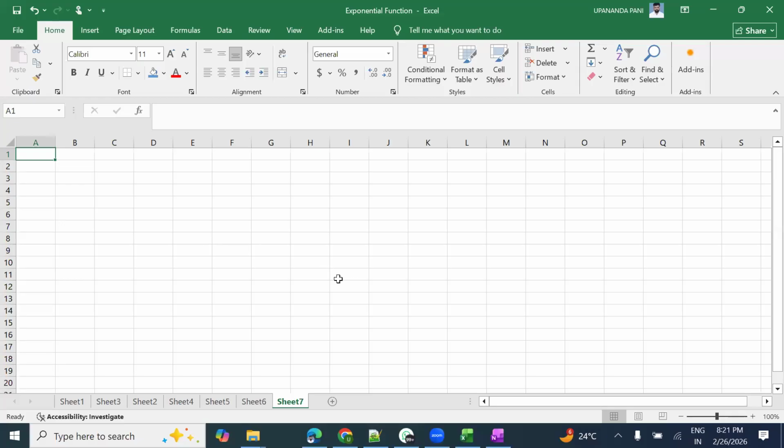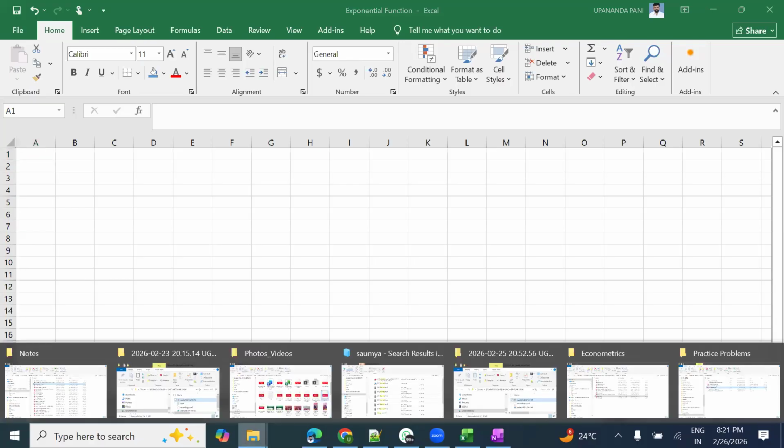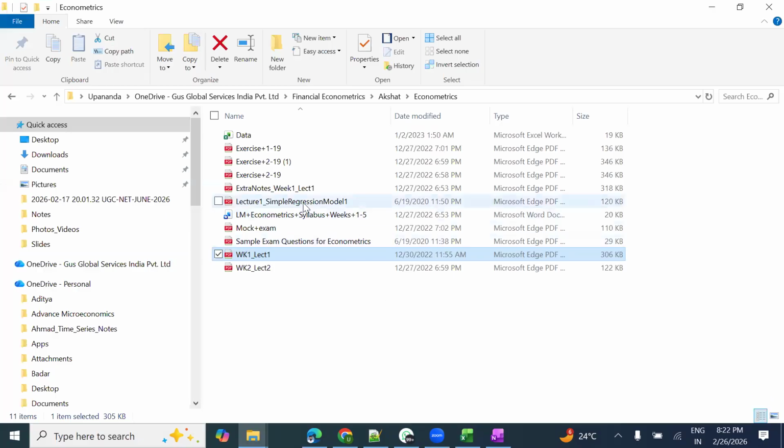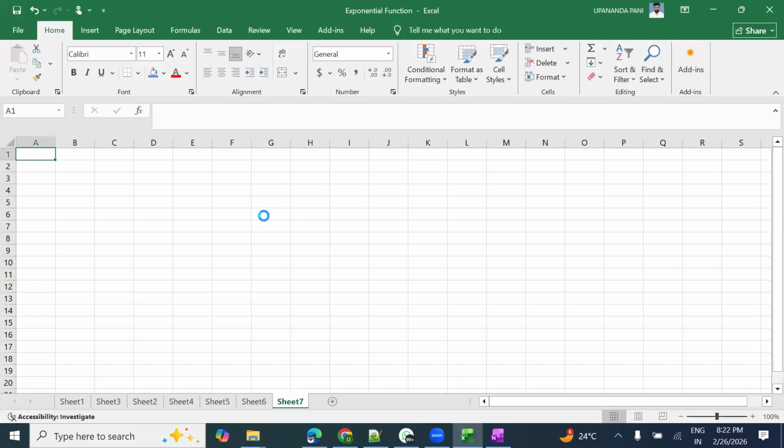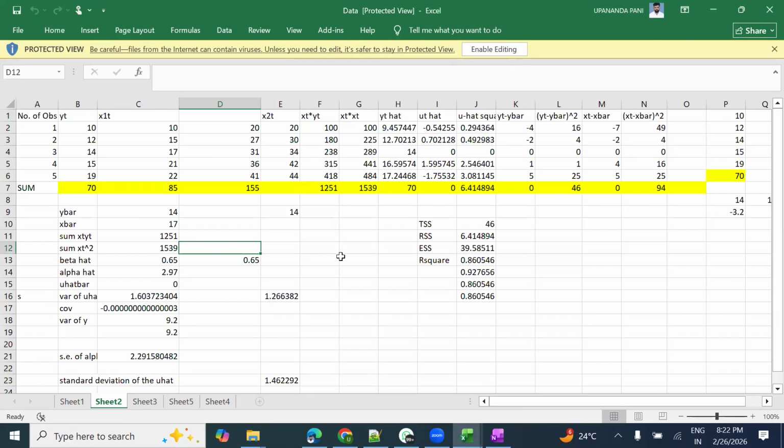Let me take one example. If we go to, let me see, one example, let me check if I can take one. This is how you will be doing it in Excel. Okay, is it visible?